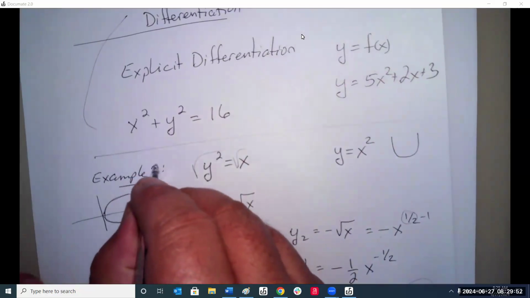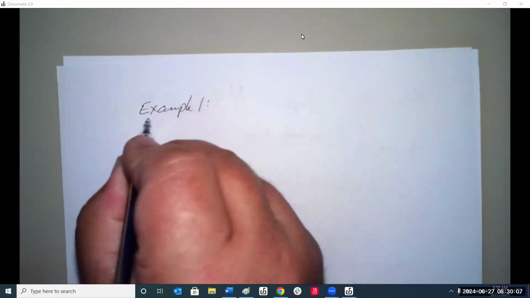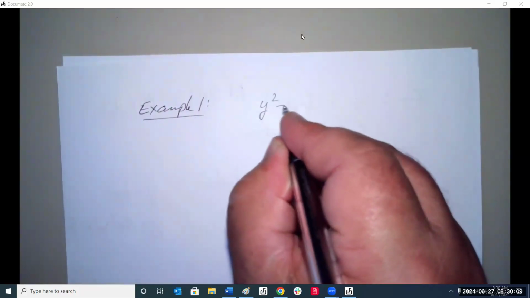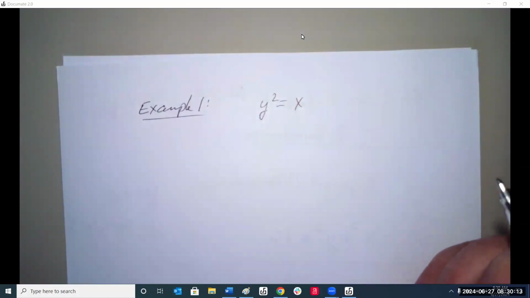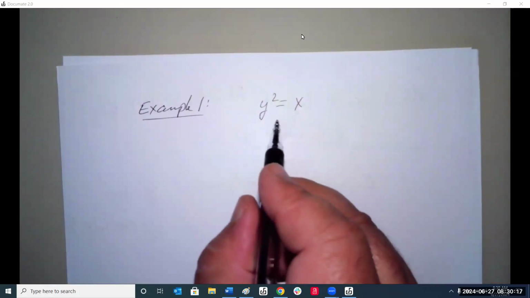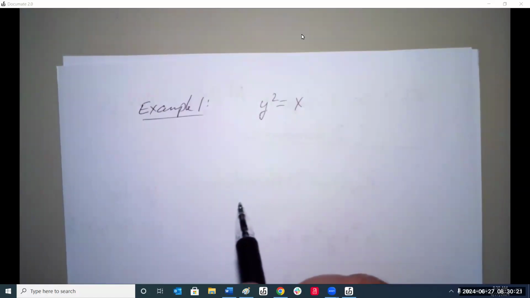Actually, no, that one was example 1. Yeah, so example 1 we did, that's the y squared equals x. But now we're going to look at doing it implicitly.